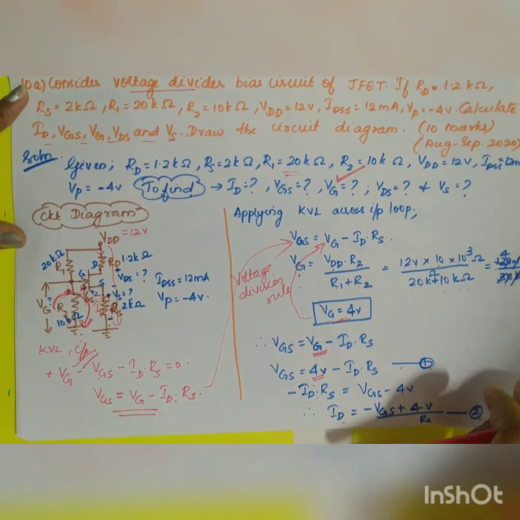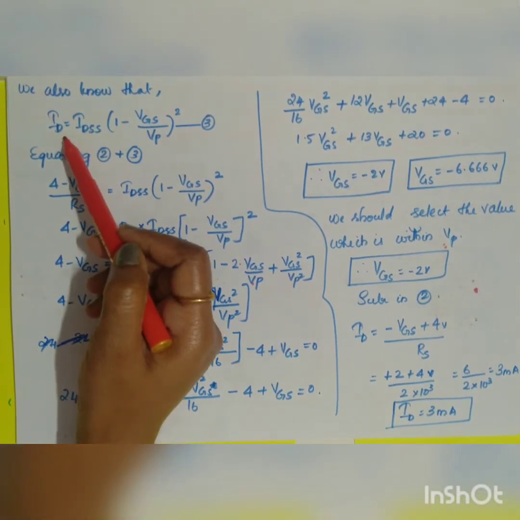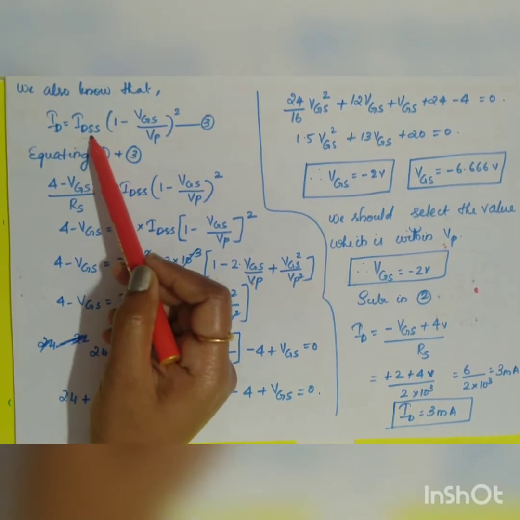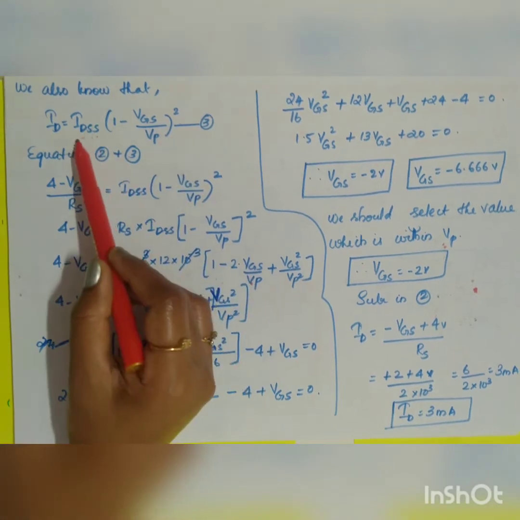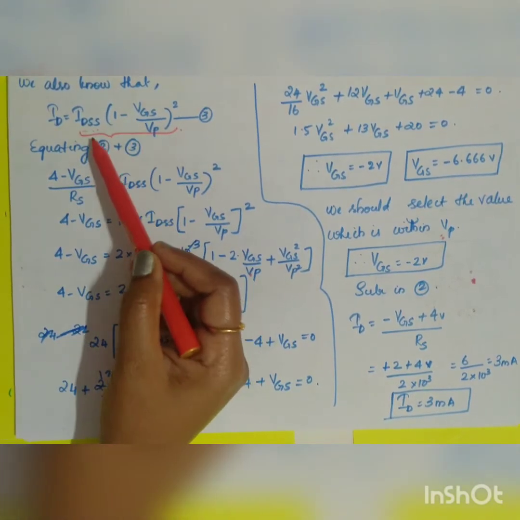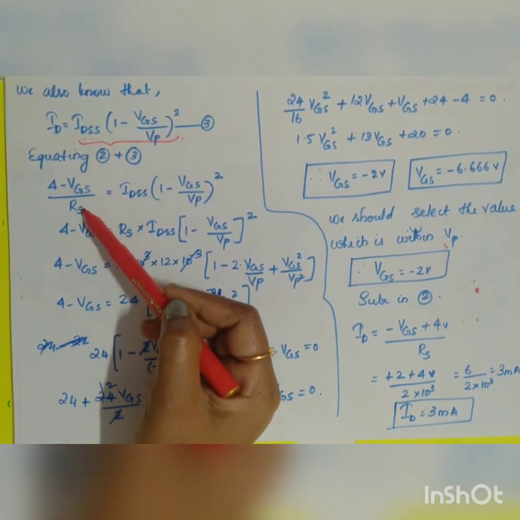Now moving on to the next, we also know what your ID equation is. The current ID is given by means of Shockley's current equation, right? So IDSS into 1 minus VGS divided by VP, the whole square. So you know that ID, you have got here one equation, and in the previous case also you have got a second equation: ID is equal to 4 minus VGS divided by RS.